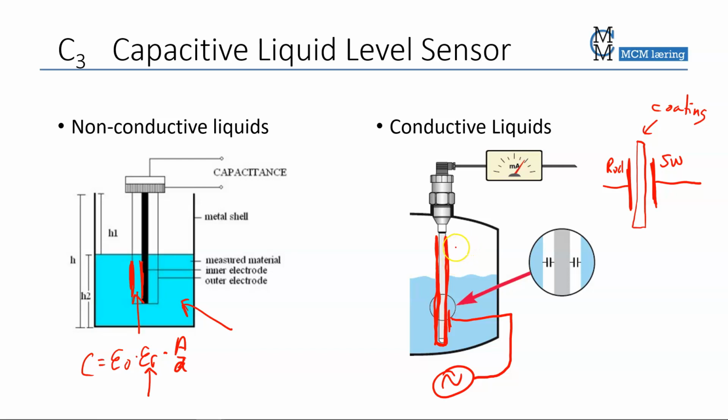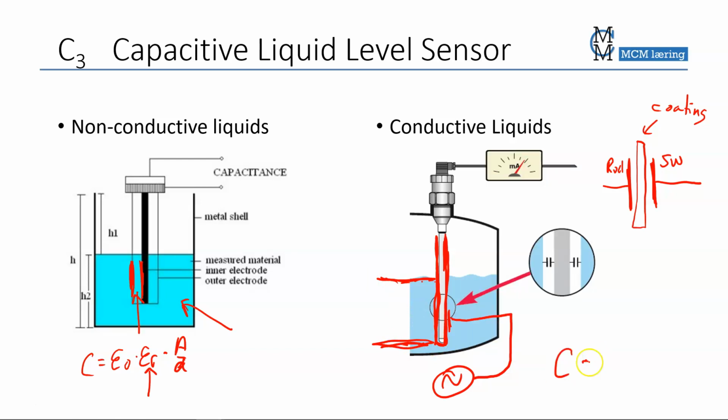Above the liquid you have a non-conductive material, which is air. So there you have the very, very large gap, and basically a non-existing capacitor there. So you only basically have an existing capacitor in the range that I point out now.